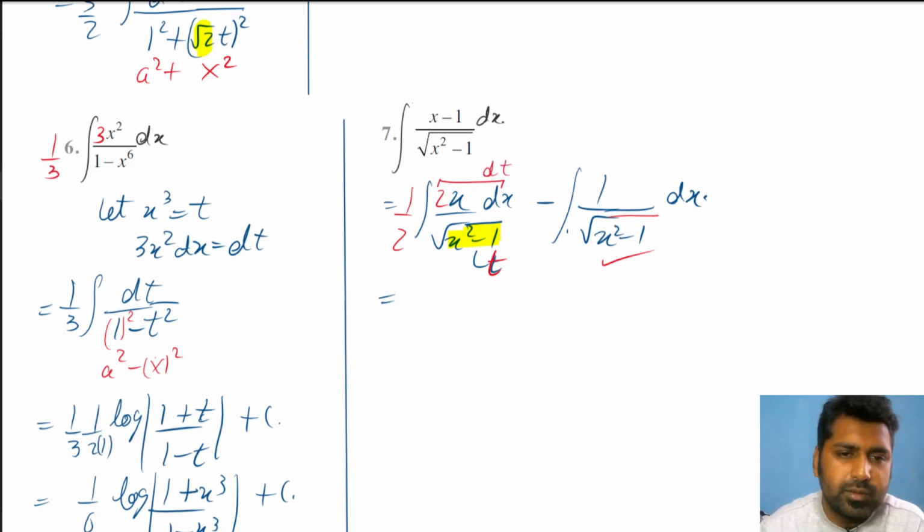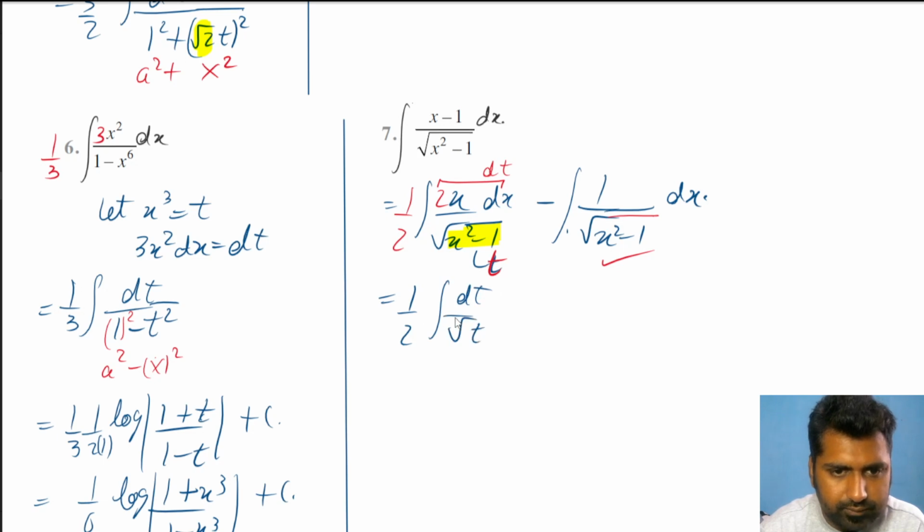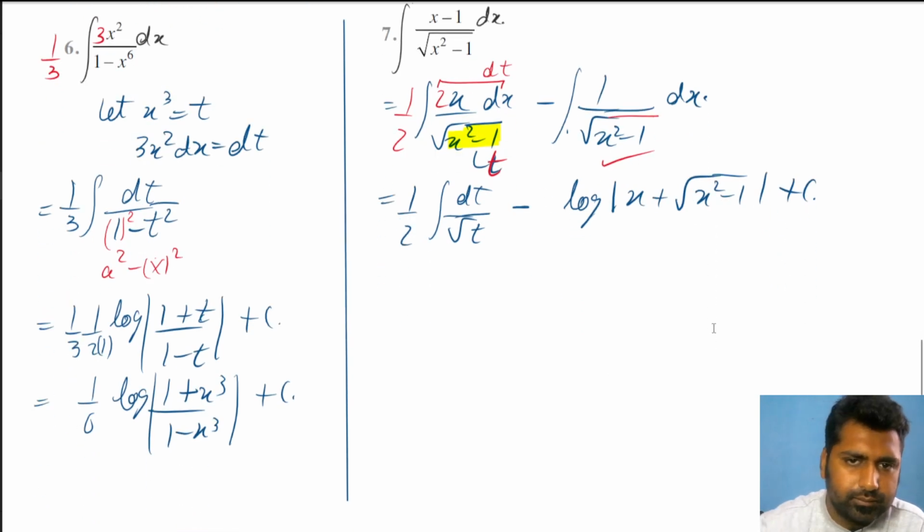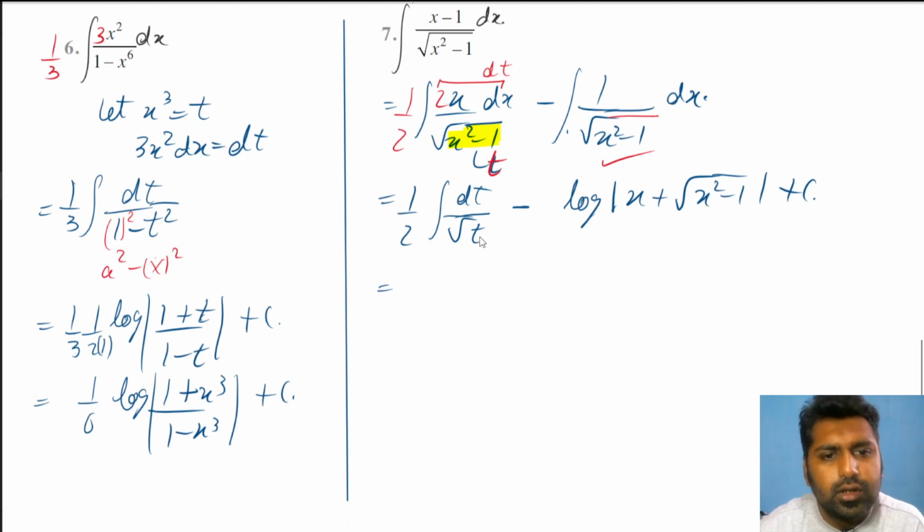I'm doing a lot of steps in one step. I can show multiple steps, but it takes more time. So 1 by 2, numerator becomes dt by square root of t, minus integration of this, x square minus a square, standard result, log mod x plus same denominator, square root of x square minus 1, plus c. So what is 1 by root t integration, that's 2 root t, minus, copy this.